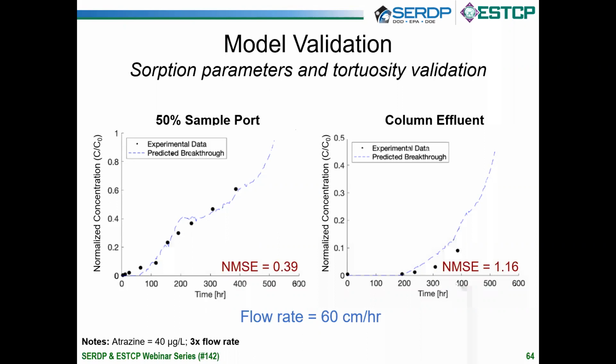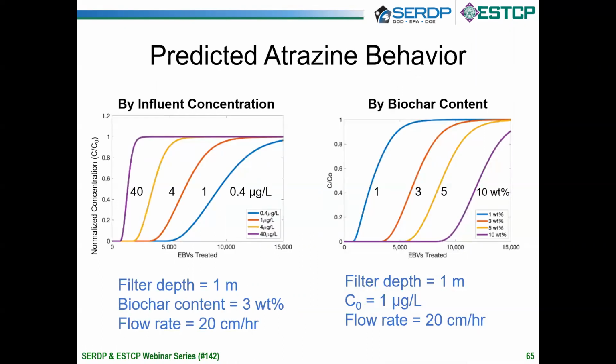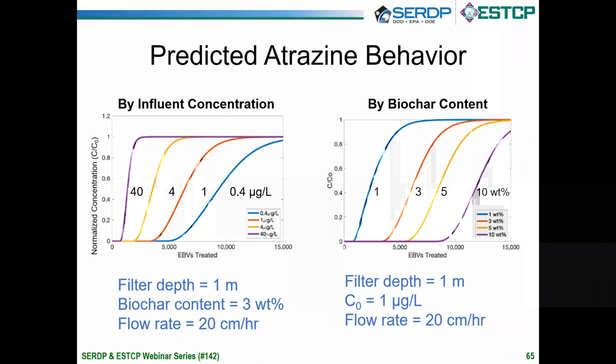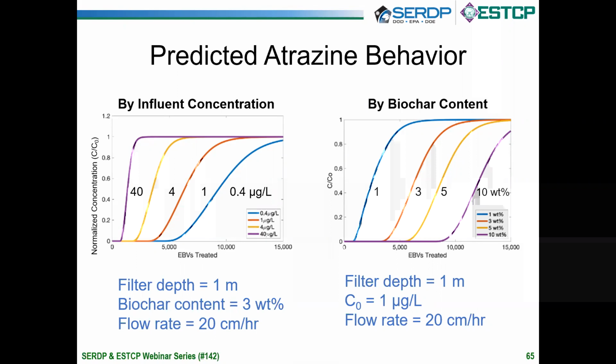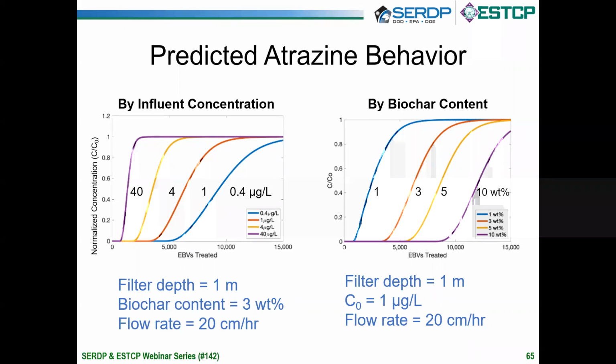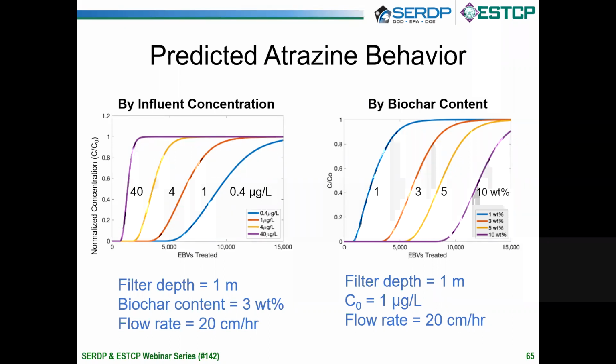Well, that's shown here in the next slide, where the plot on the left shows a filter depth of 1 meter, biochar content of 3%, a flow rate of 20 centimeters an hour. But now looking at predicted atrazine behavior at concentrations that range from 40 to 4 to 1 or 0.4 micrograms per liter.